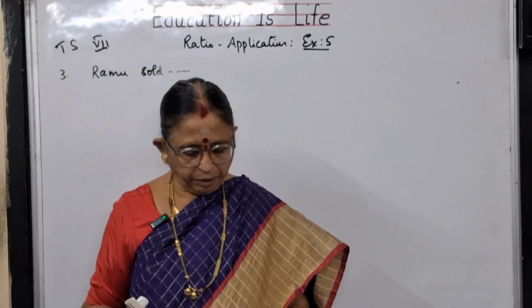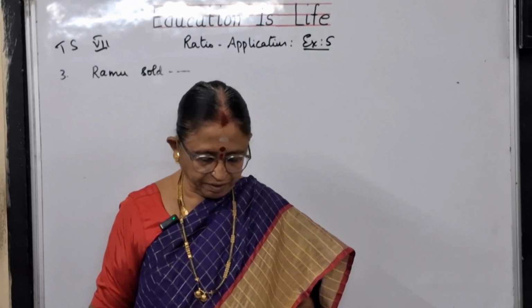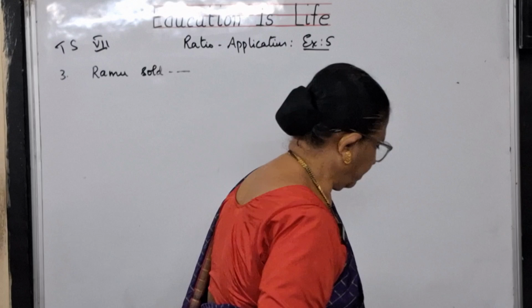For how much did he purchase the plot? So what is given to you? Selling price is given and gain is given. So what is the selling price?